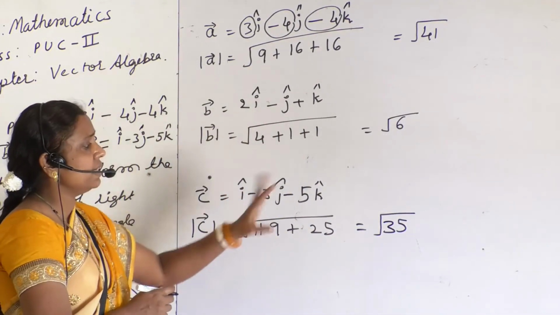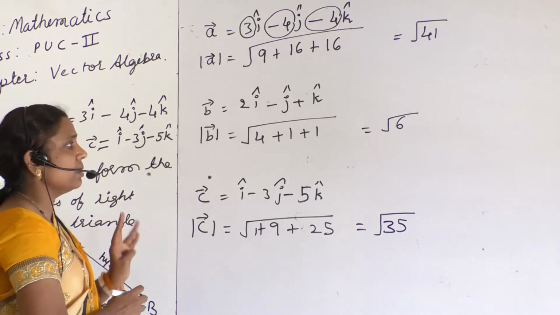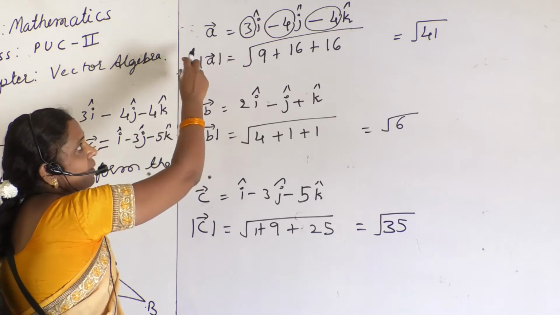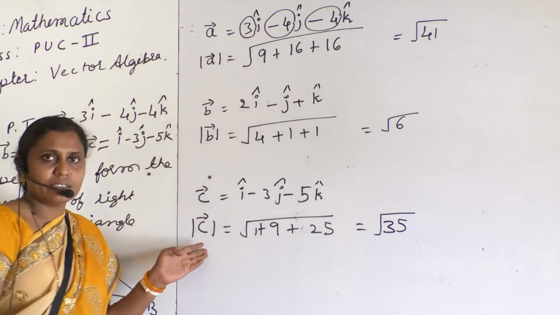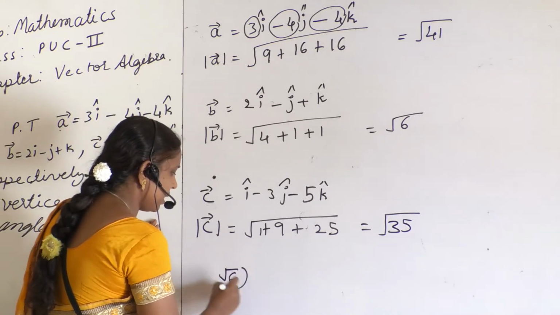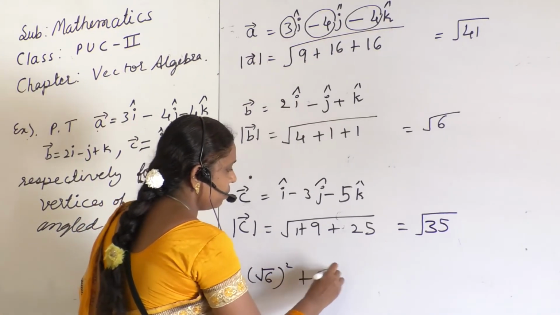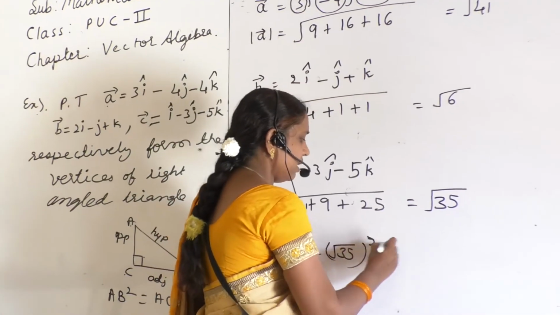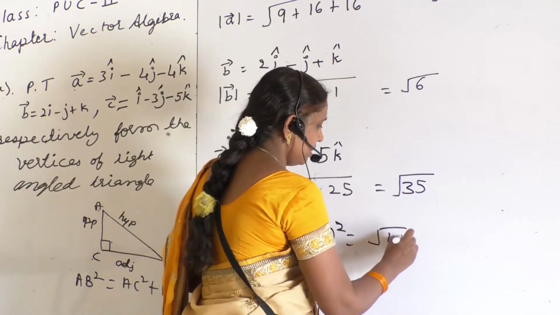Now with respect to these lengths, we have to simplify further. This is one side, one more side and the third side of the triangle. Is root 6 squared plus root 35 squared equal to root 41 squared? That we will check.